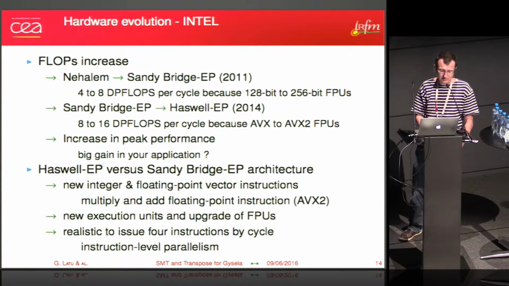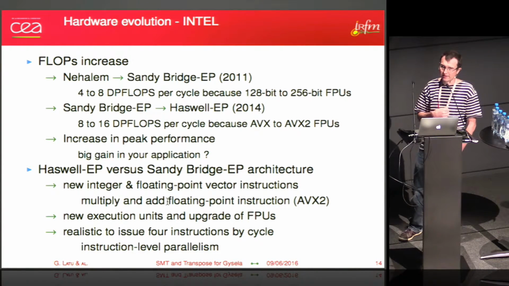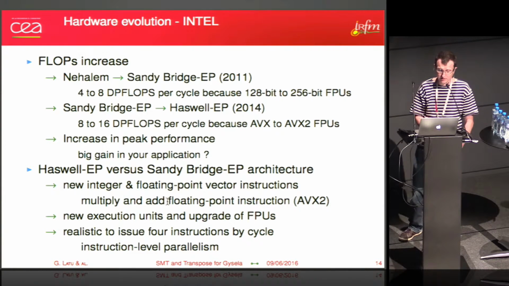Recently, the Haswell chip has brought new integer and floating point vector instructions, and especially the multiply and add floating point instruction. So if your code can use this instruction, you can gain a benefit, but if you can't, the peak performance that is doubled, you can't really use it.